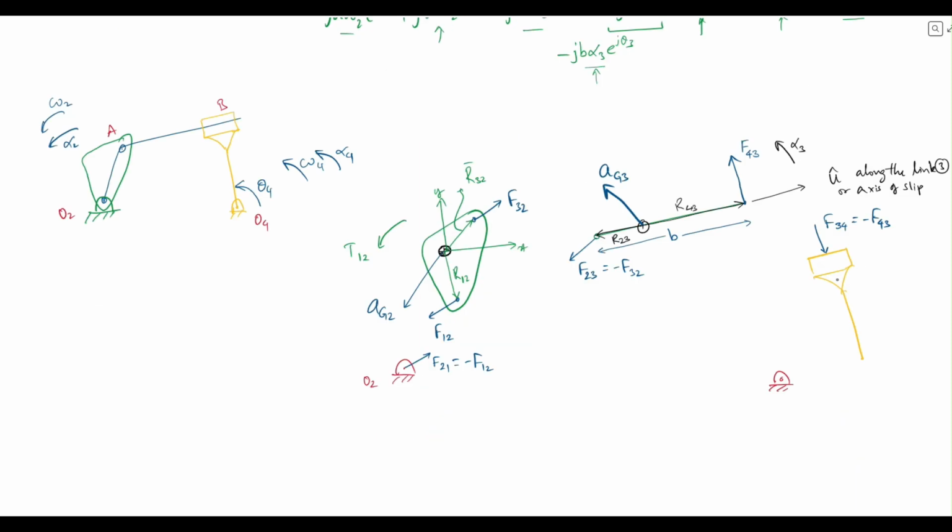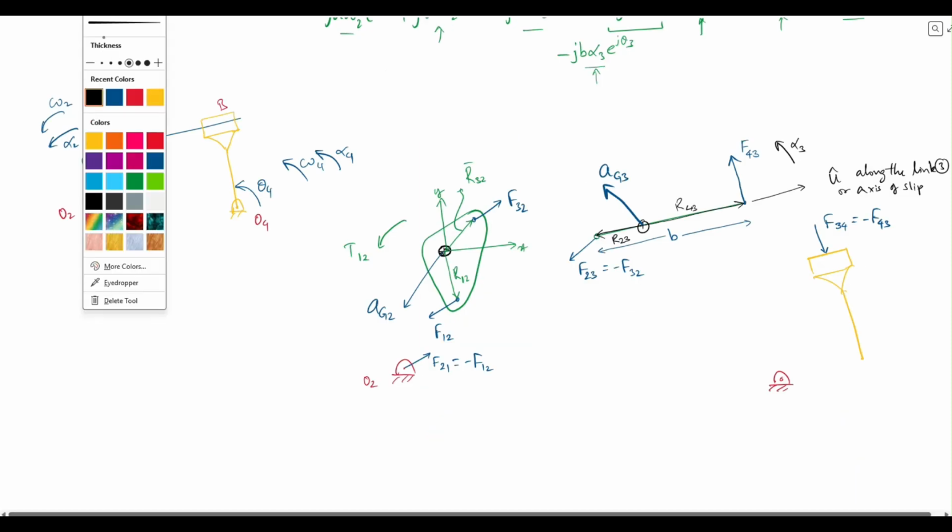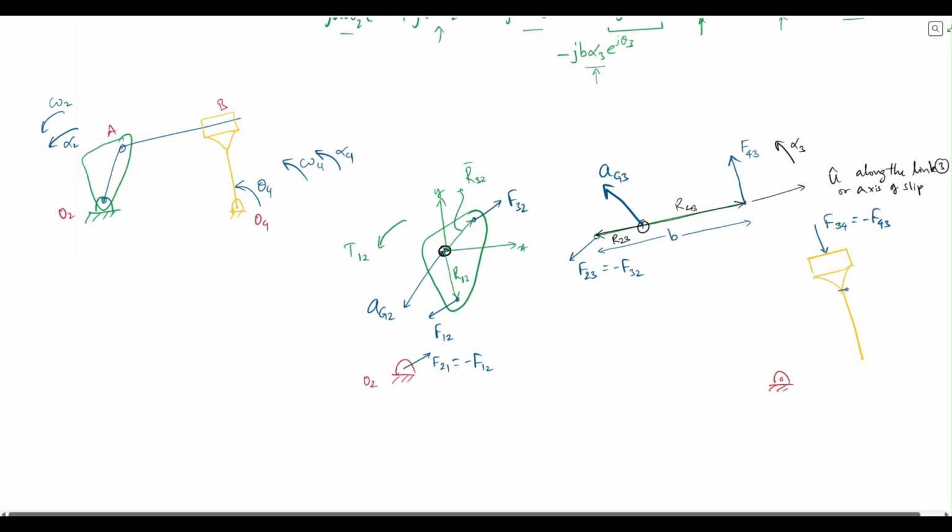So the remaining one is link 4. We can consider a CG, let's say at this point. There will be an acceleration AG4. There will be a force 1 on 4. Corresponding to that, there will be an equal and opposite F4 on 1. This should be equal to minus F14.